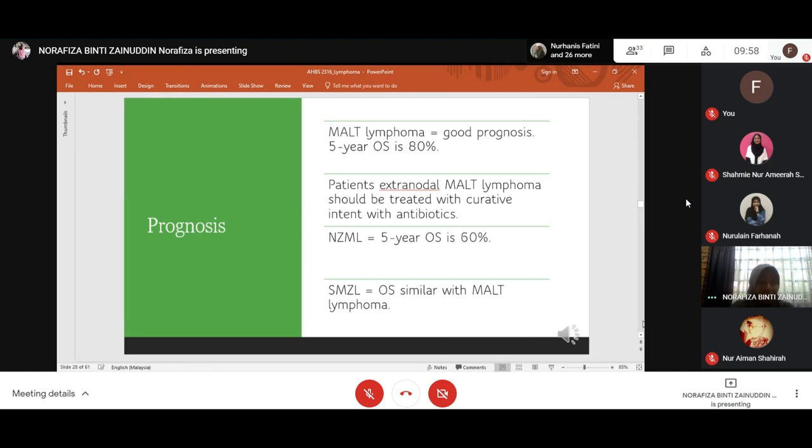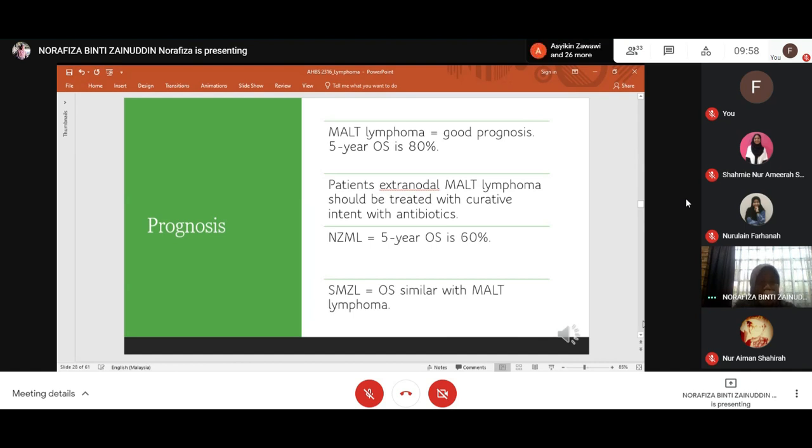And the patients with advanced stage lymphoma or those with relapse can opt for, for example, allogeneic stem cell transplantation.